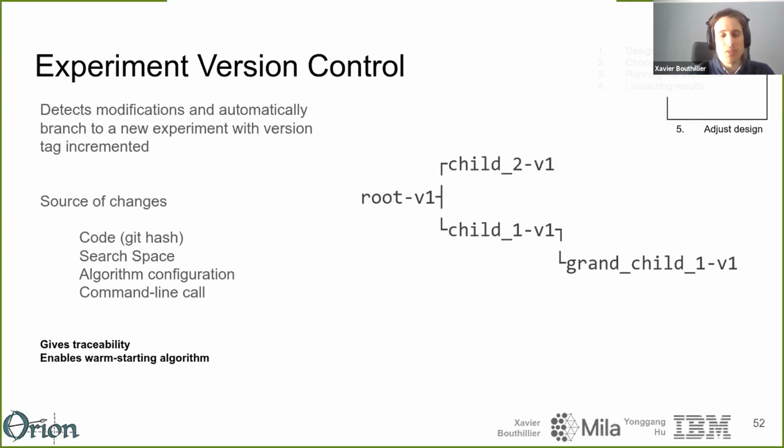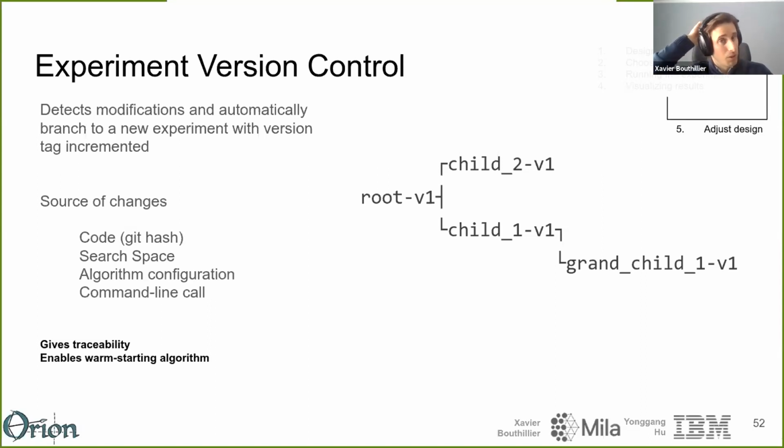So it detects any modification in the configuration of the experiment, the configuration of the search space, the algorithm. It can also detect the code version if you're using Git. It can also detect if you're using the Python API. The example so far was in Python, but there's a command line API. If you're using it, any difference in the command line call to run your hyperparameter optimization can be detected.